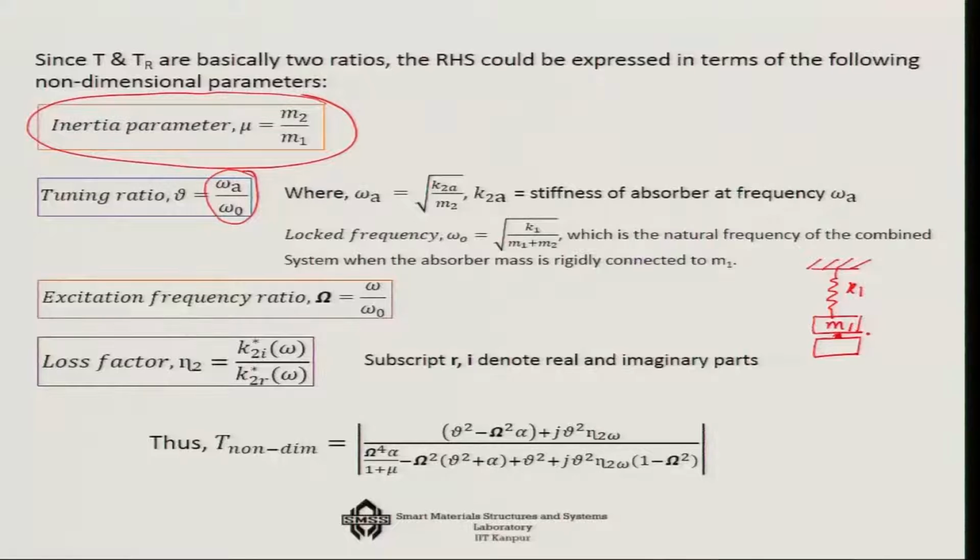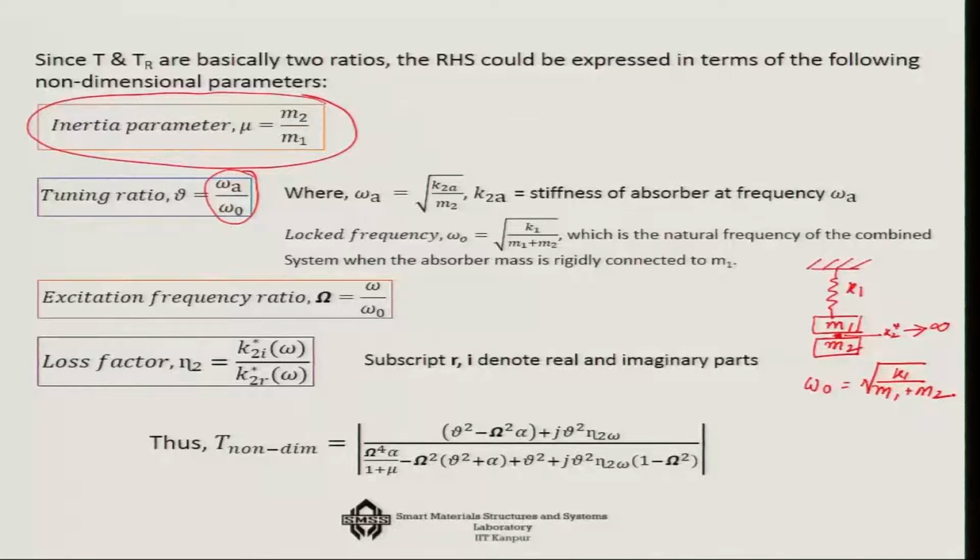The spring stiffness here is k 2 star that tends to infinity. That means it is rigidly connected. So, the natural frequency of this system becomes omega 0, which is the square root of k 1 over m 1 plus m 2, that is the locked frequency.